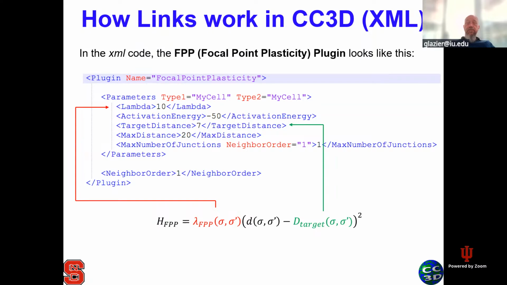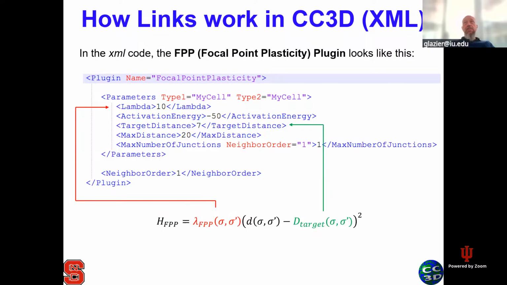Okay, so my question could probably relate to not the neighbor order one, but the one for the max number of junctions. So like we are going to count the lengths between neighbors, combining the activation energy and the max number of junctions, or just the max number of junctions.